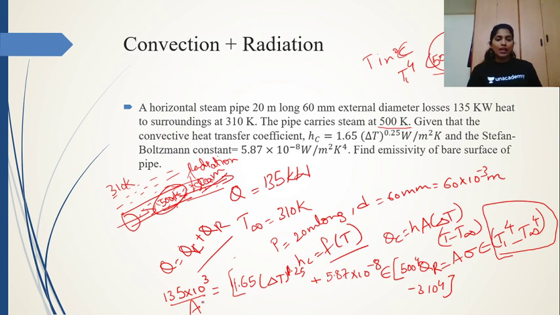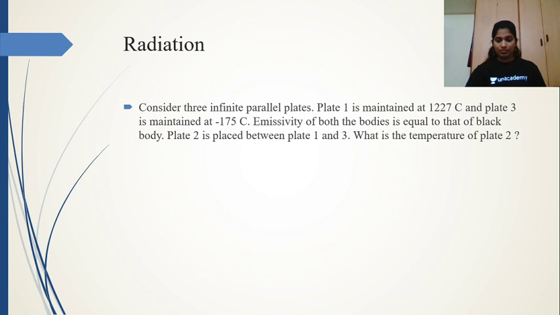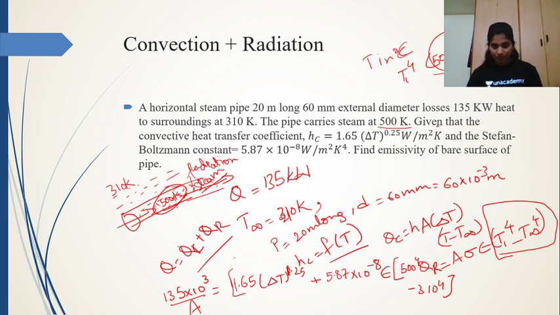And this area will be, so what will be the area of the steam pipe, right? What is the area of the steam pipe we can get? 2 pi r, right?